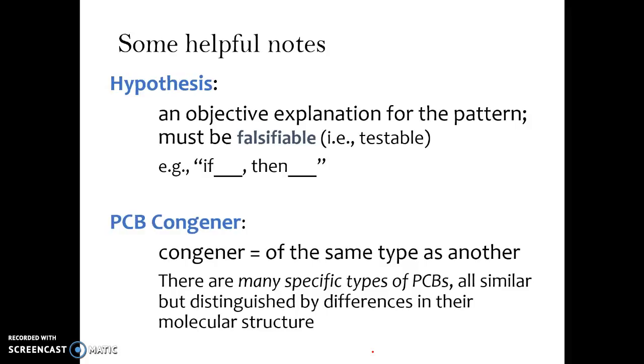They're all the same class of chemical, but they have different numbers of chlorine atoms attached to them. So they're all PCBs, they're just specific types, distinguished by their particular molecular structure. So when you read PCB congener, you can just think of that as a type of PCB, all under the same umbrella.